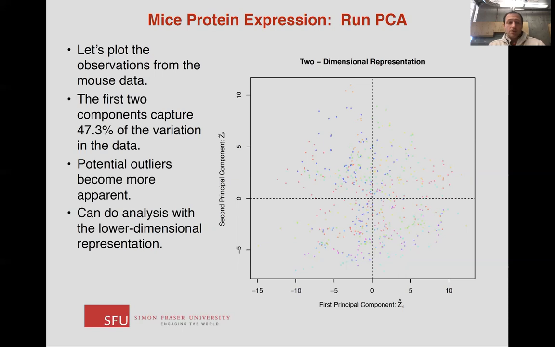These two components capture 47.3% of the variation in the data. Okay, so think about this. We had 77 columns of data, and we have 77 principal components, but the first two principal components capture close to a majority of the variation in the data. So that's pretty good, right?